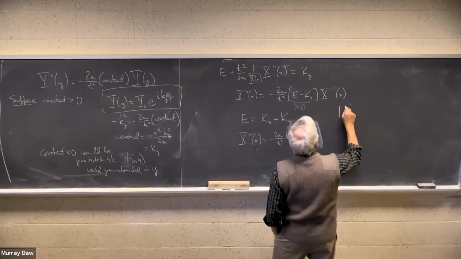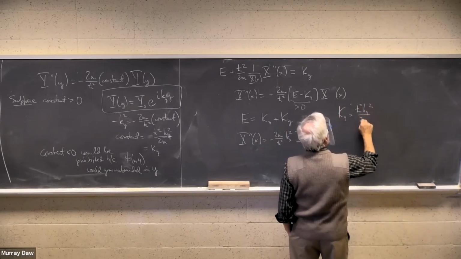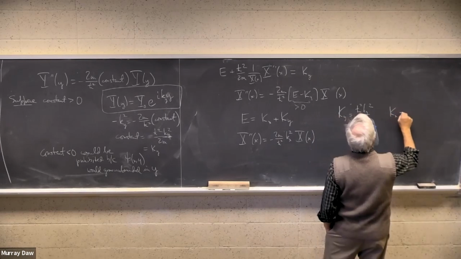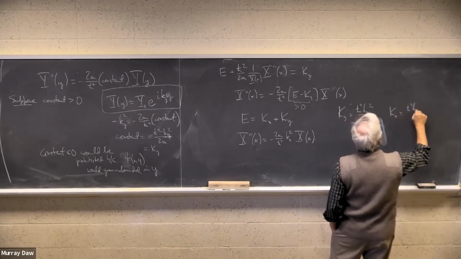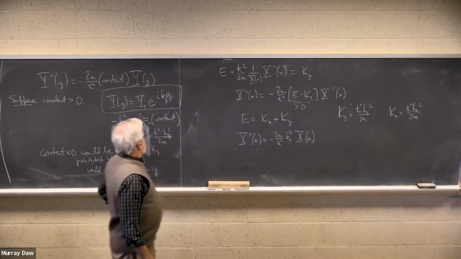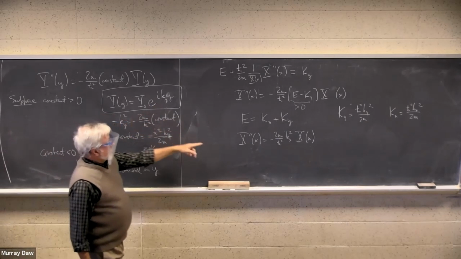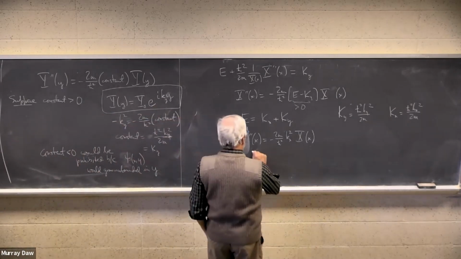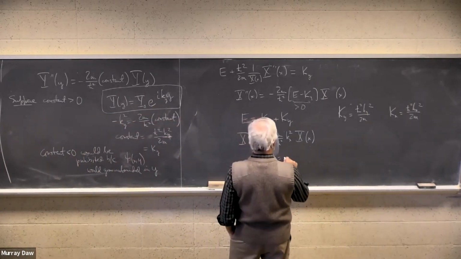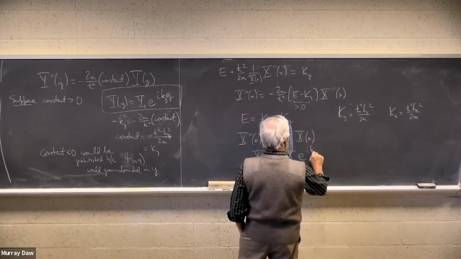In other words, K of y is h bar squared k y squared over 2m. K of x is equal to h bar squared k x squared over 2m. And then the equation over here will give you this solution, and this equation will give you constant times e to the i k x times x.